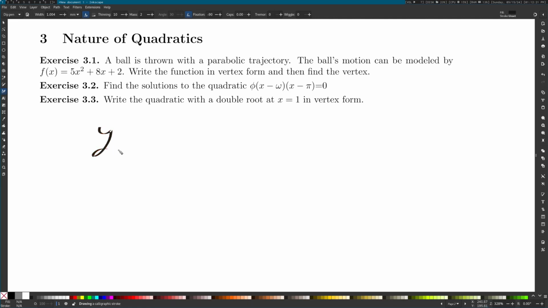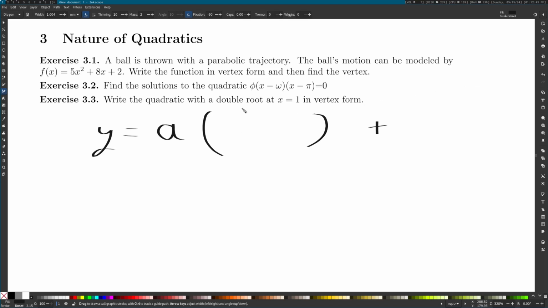Wait, what was the question? Sorry. Vertex form?